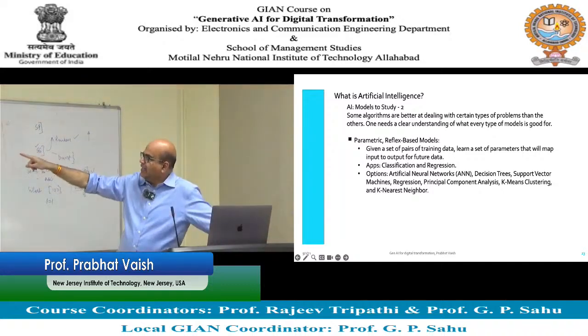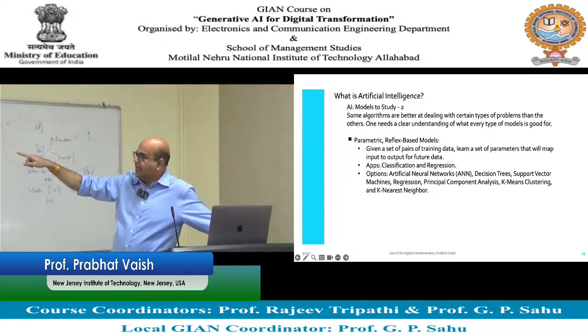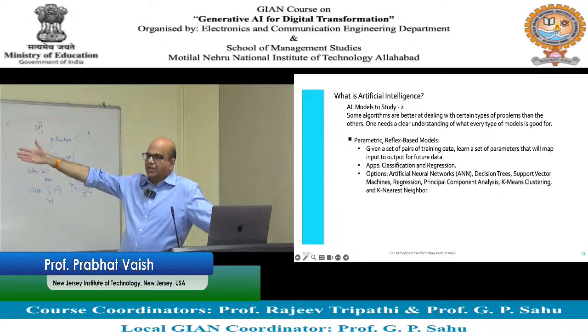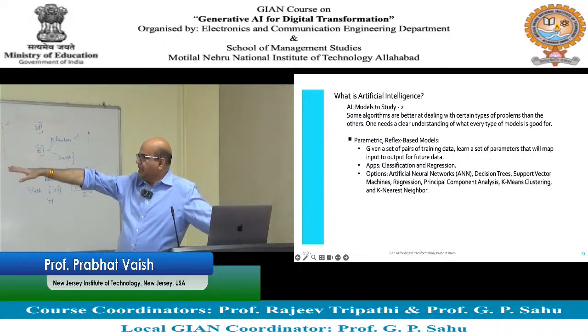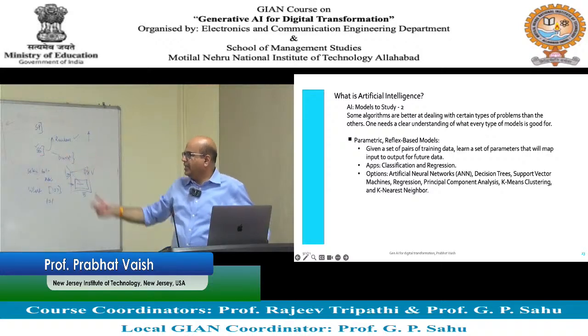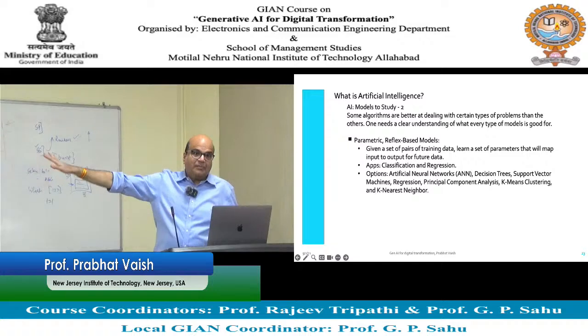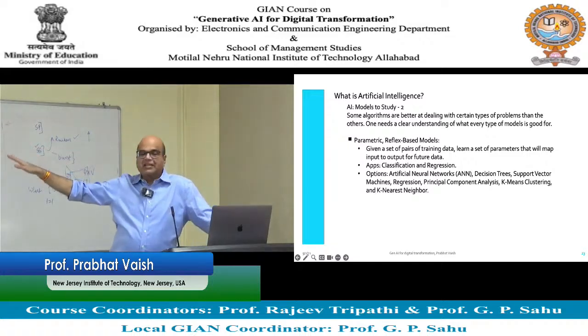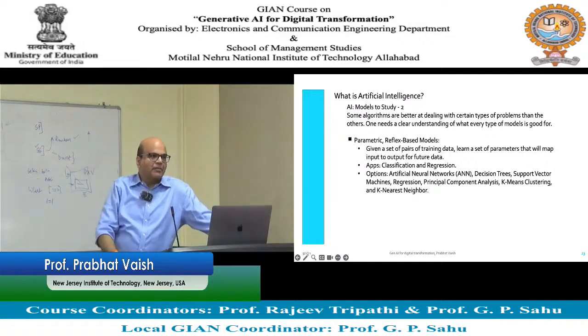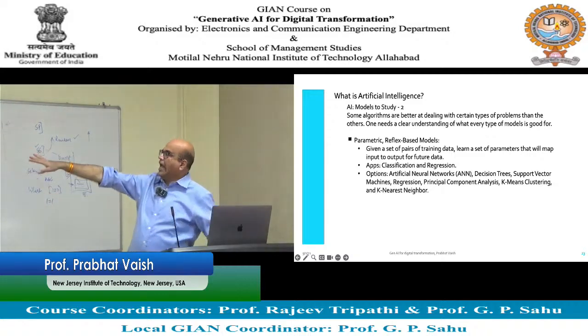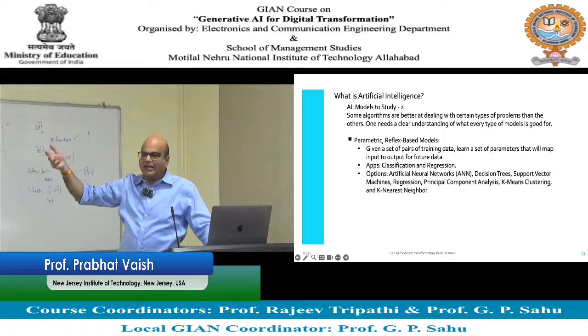We're saying that given certain pairs of training data, can the system learn some parameters to answer these questions? Classification, regression. Some of the things you'll see: the decision tree, support vector machine, regression analysis, PCA or principal component analysis. We're not going to go into the detail there, but if you know decision theory, data science, if a couple of you have done data science, these are the kind of things you would have done, all as part of learning intelligence, right?